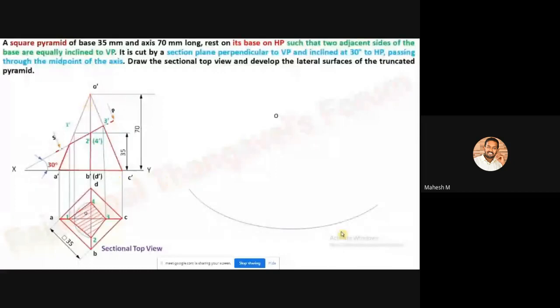Now the first line has been created and also the arc. What is our condition? Here we have to create 4 arcs because it is a 4-sided solid. So you can measure this side value, that is 35. Initially create the first arc, then the second, the third, and finally the fourth.